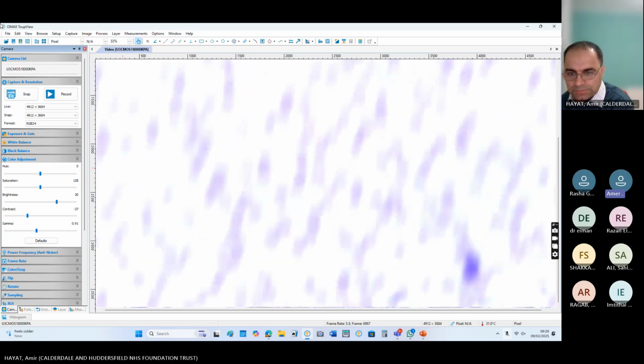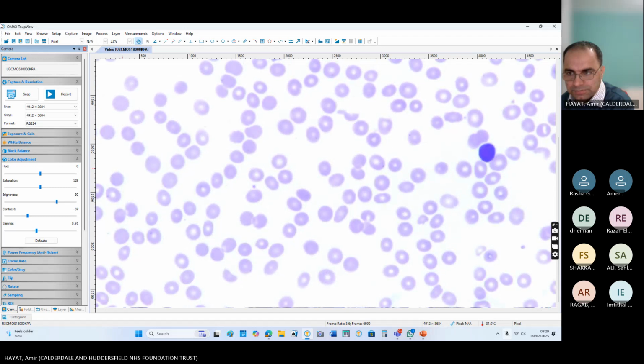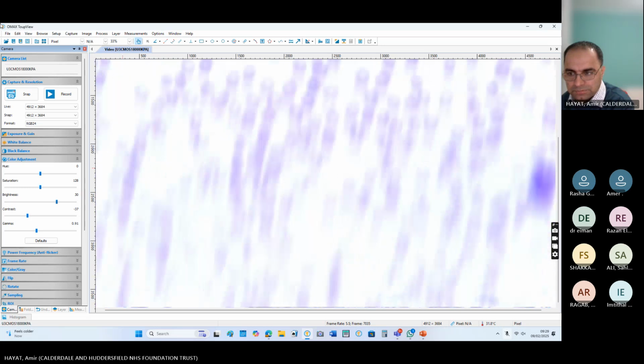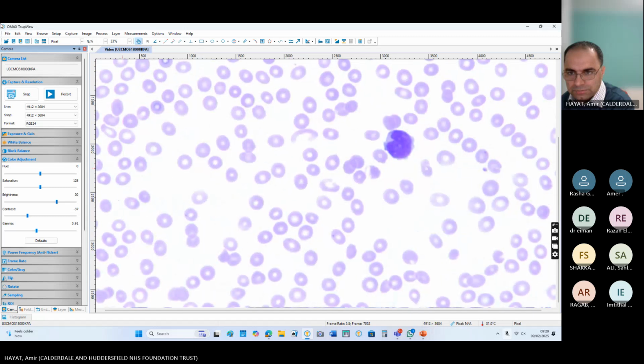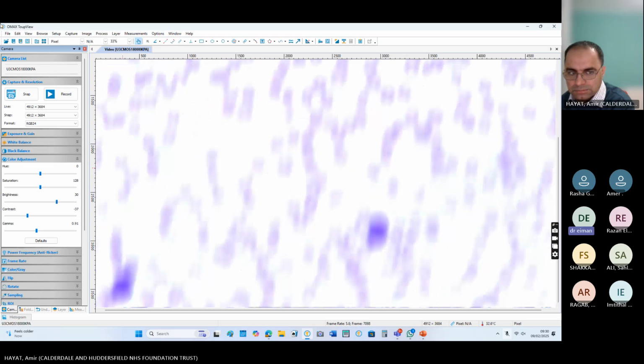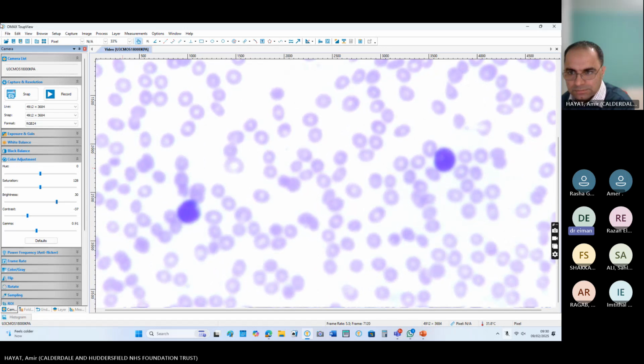What do you think? Definitely, this is not CLL, nor is it a reactive lymphocyte.